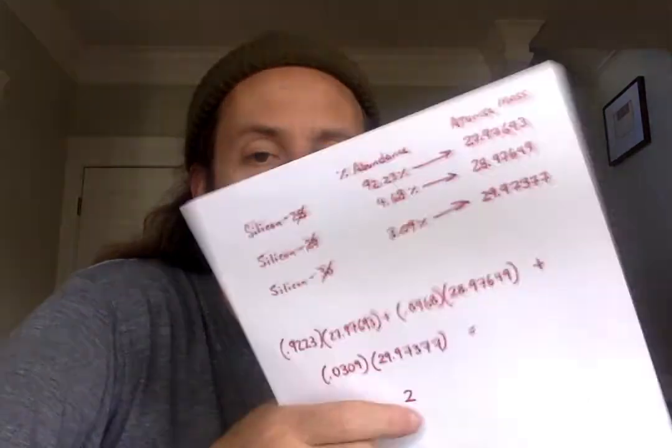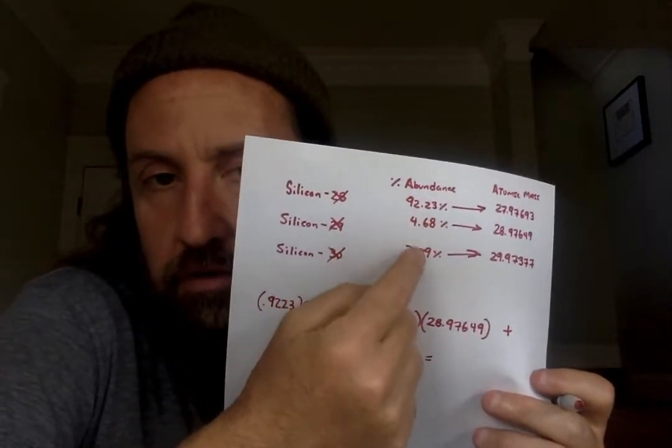So we get 4 sig figs here, 3 here. Supposedly we're only supposed to do 3 sig figs, but let's just keep it at 4. So we'll just go 28.09 AMU. That seems fair.